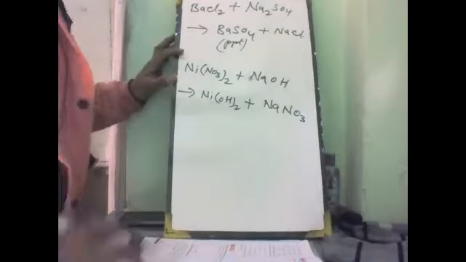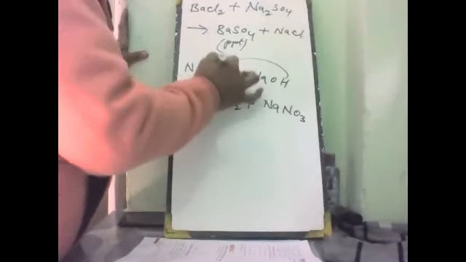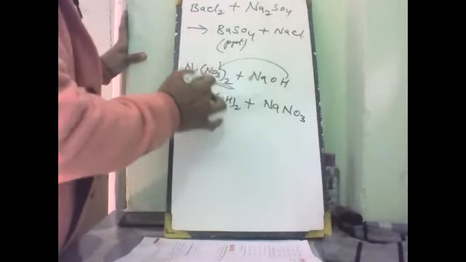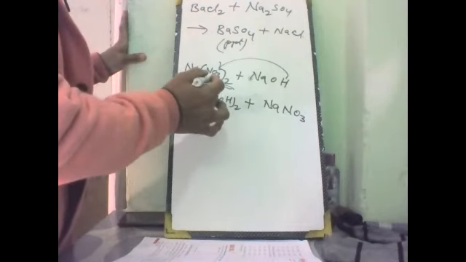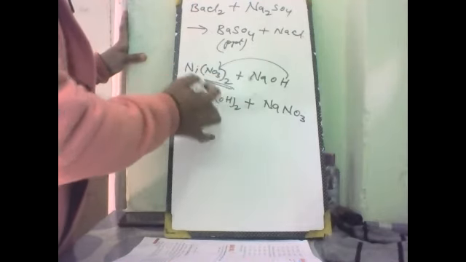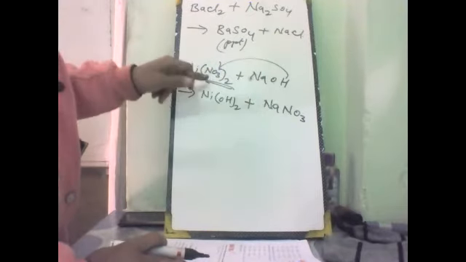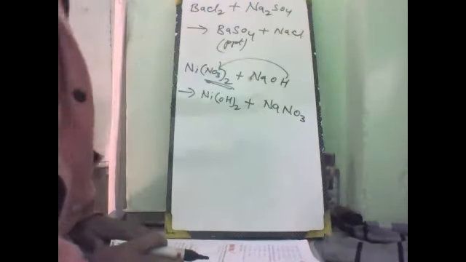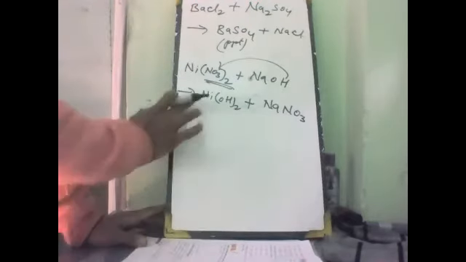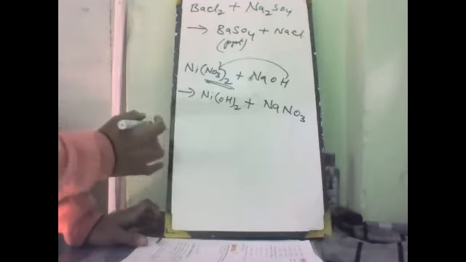The nitrate is displaced, the nickel reacts with the hydroxide and the nitrate reacts with the sodium, forming nickel hydroxide and sodium nitrate.